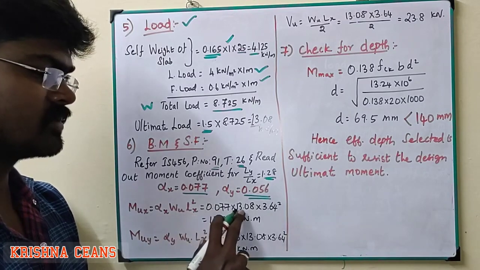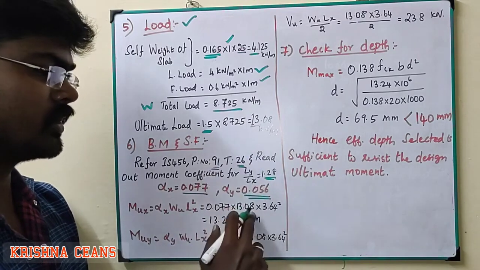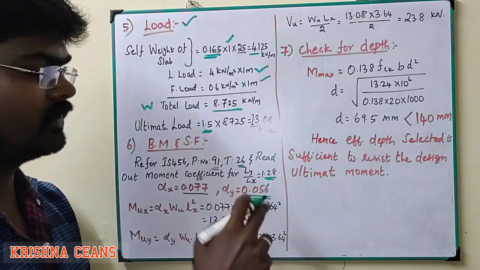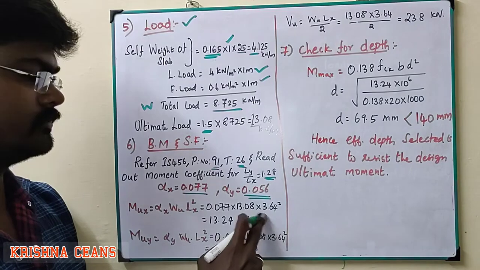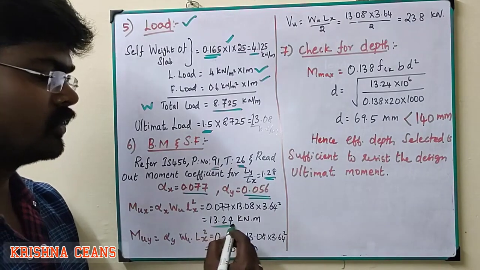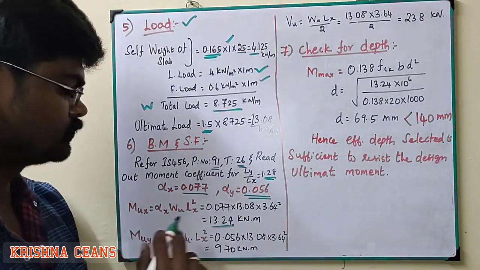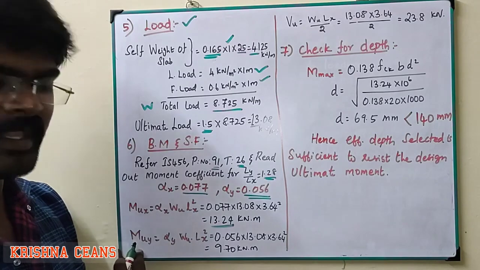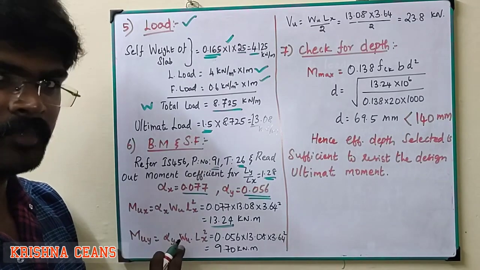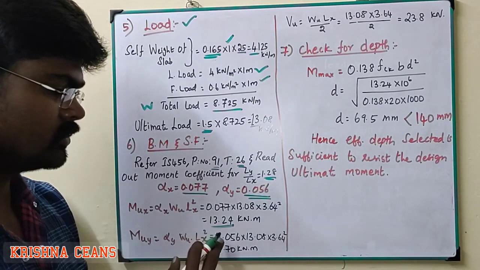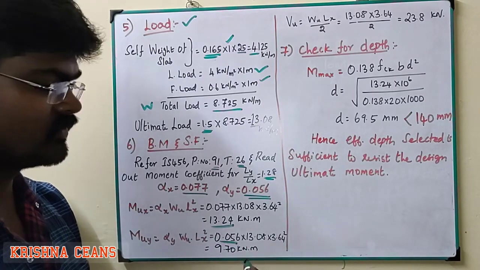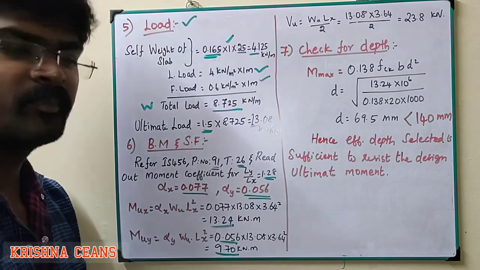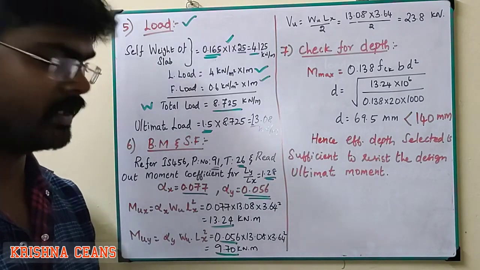So 0.077 into our ultimate load 13.08, then effective span 3.64 square, so 13.24 kilonewton meter. Whereas moment about y axis, alpha y Wu into Lx square, so 0.056 into 13.08 into 3.64 square, which is equal to 9.70 kilonewton meter.